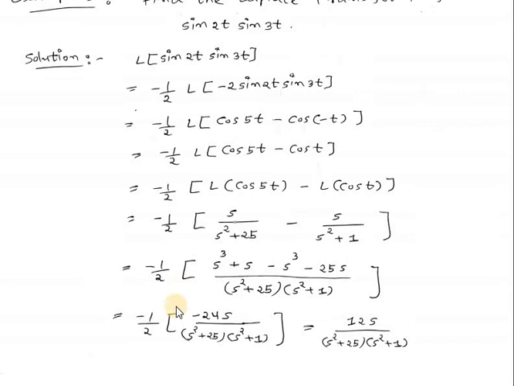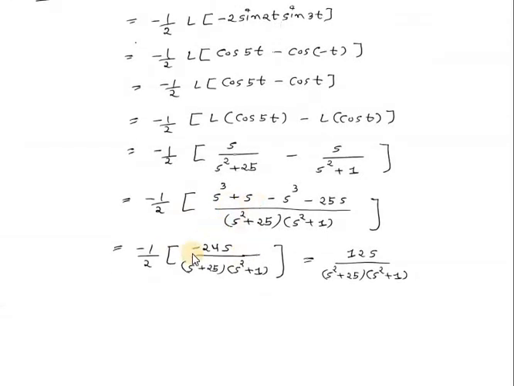So s cube cancels out, and it will be minus 24s divided by s square plus 25 into s square plus 1. Okay, so if we simplify it, then 24 divided by 2 will be 12. So it will be 12s divided by s square plus 25 into s square plus 1. So this is our final answer.